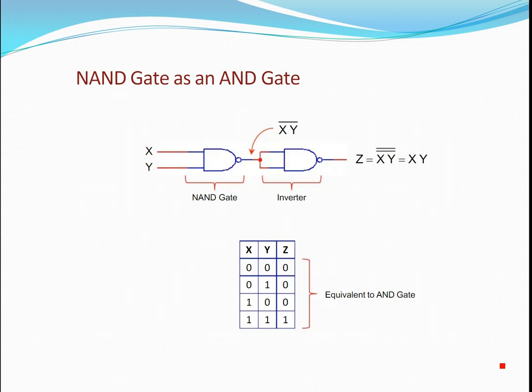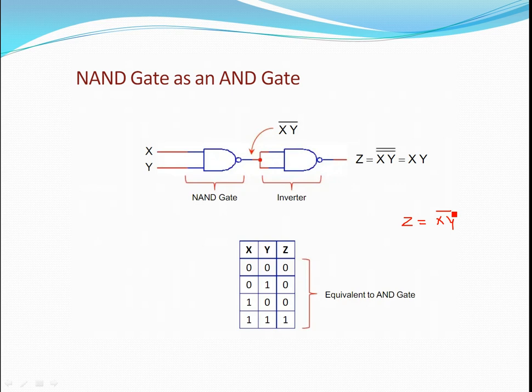So next one, NAND gate as an AND gate. Here already we know that the NAND gate is a complement of the AND gate. So the NAND gate expression, if I consider X and Y as the inputs, is Z equals XY whole bar.